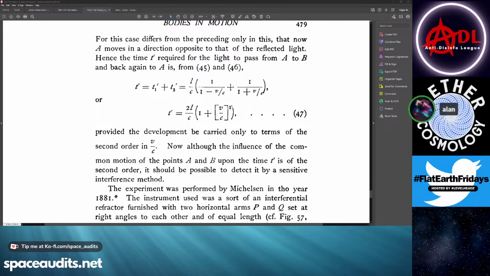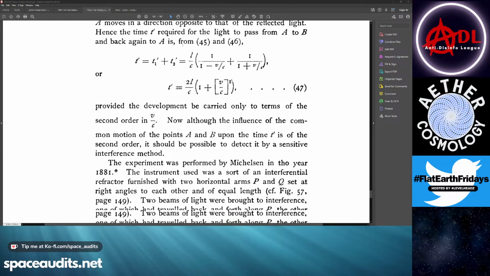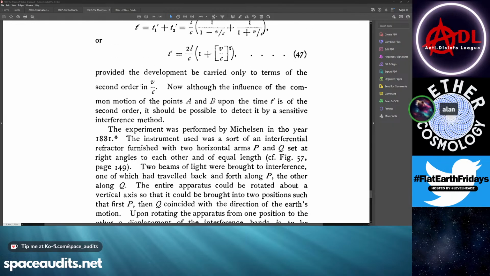Where this case differs from the preceding only in this, now that A moves in a direction opposite to that of the reflected light. Hence, the time t prime required for the light to pass from A to B back to A is, from equations 45 and 46, so that, repeating series, equation 47.